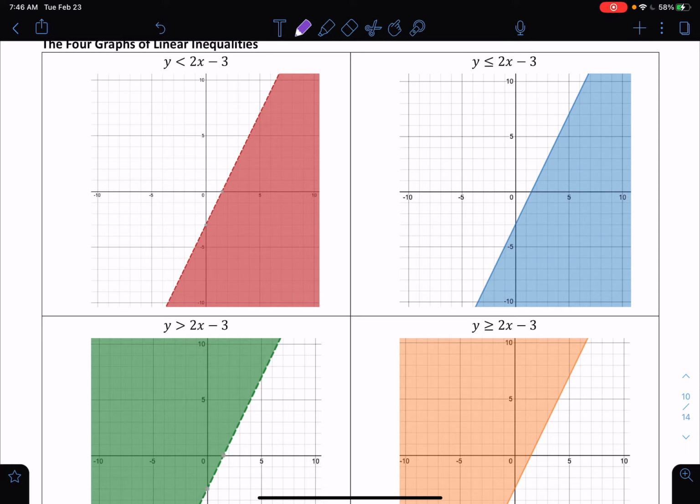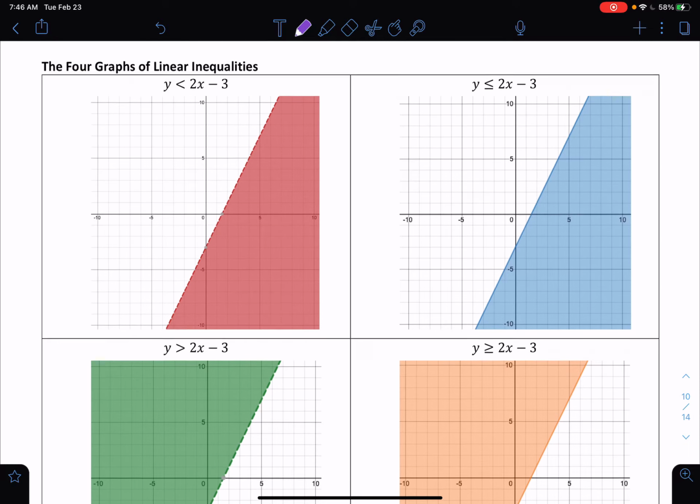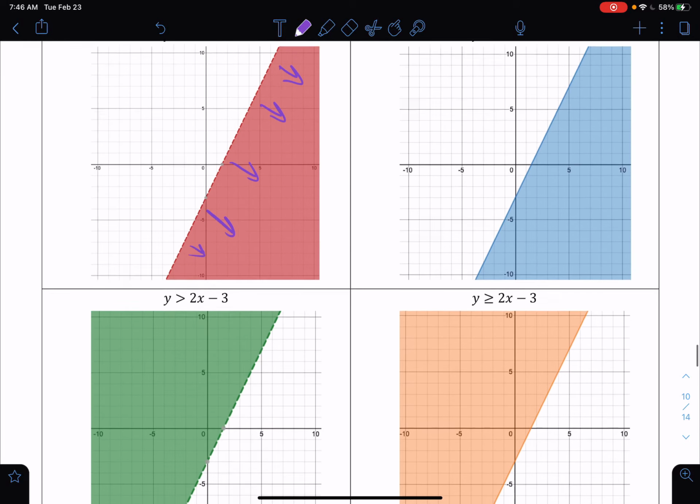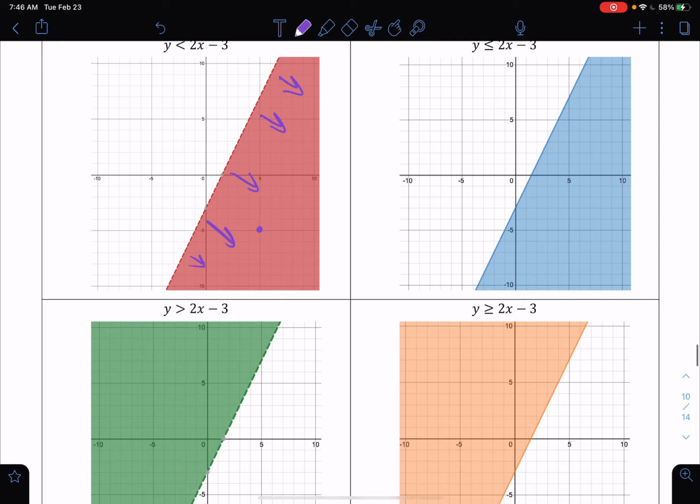In the first one, in this red, it says y is less than 2x minus 3. And so that means anything that's less than 2x minus 3 will satisfy this inequality. So like the solutions that we were talking about up here, this is a solution, this is a solution, this is a solution.